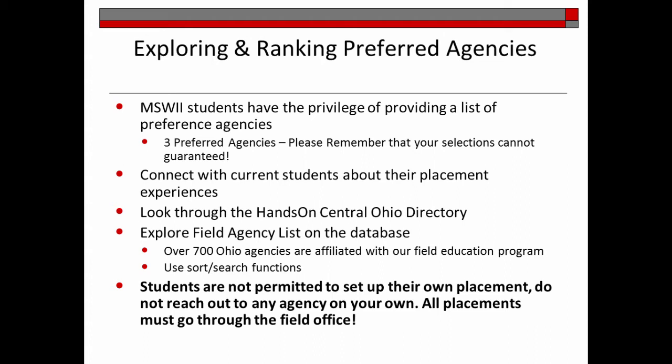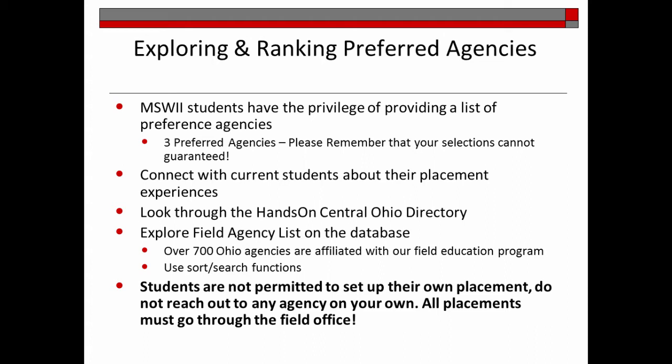We have over 700 agencies that we work with, and you'll note that when you look in the database at the agency list, it can be a bit overwhelming. I would encourage you to use either the sort or the search functions to separate these agencies into more specific areas. If you're using the sort function, I would encourage you to start first by county and then by either practice area or primary classification.